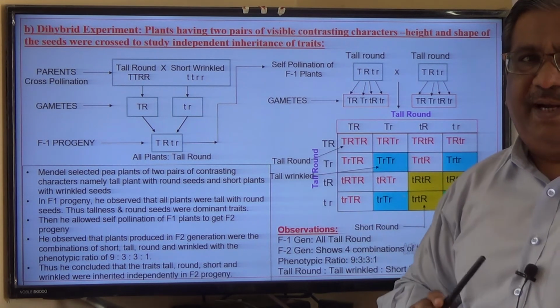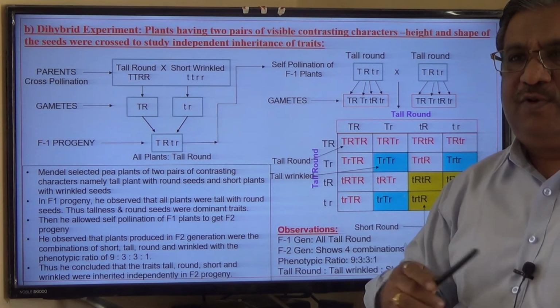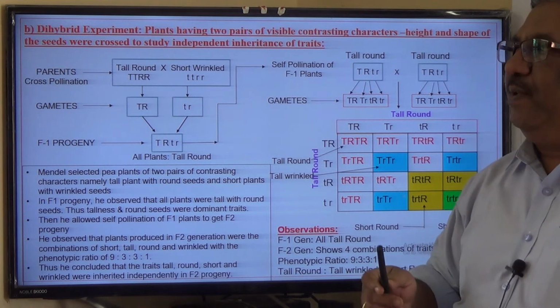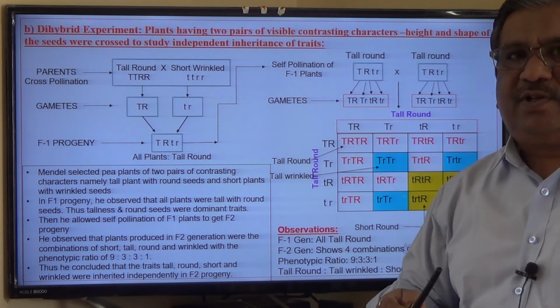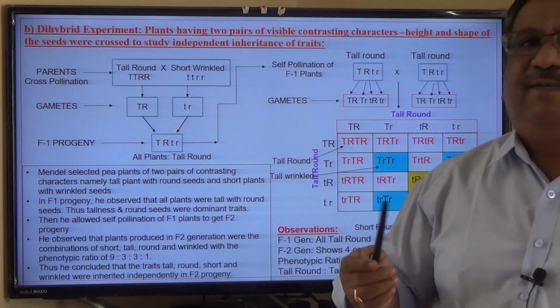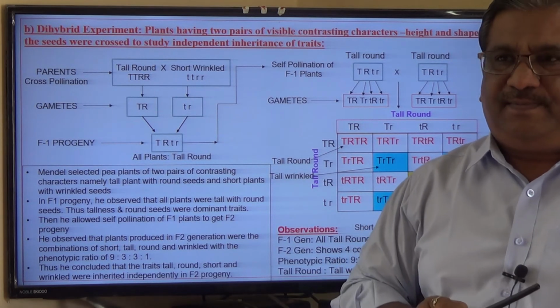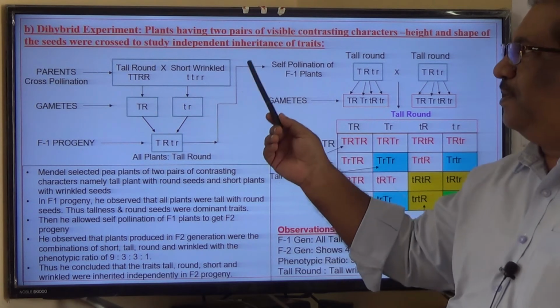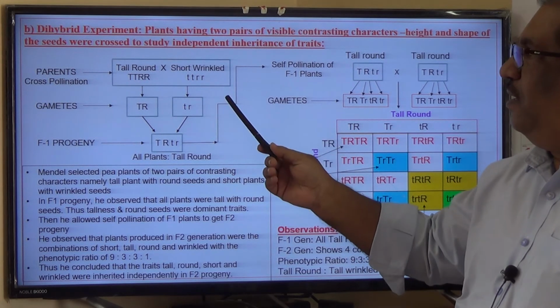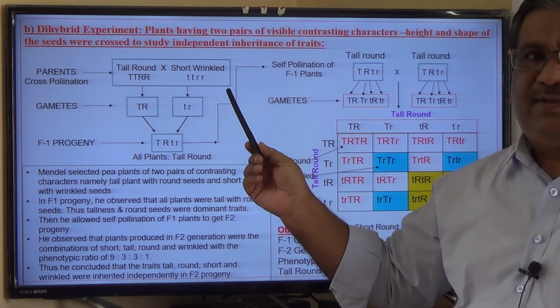That should be kept in mind. Whereas, to repeat again, the monohybrid experiment was to demonstrate the dominance of traits or expression of traits. Whereas, dihybrid experiment is to study the independent inheritance of traits.